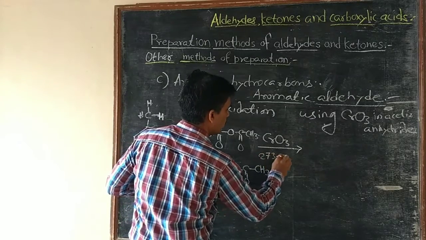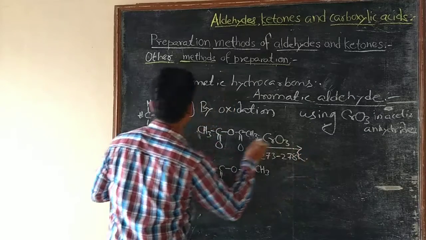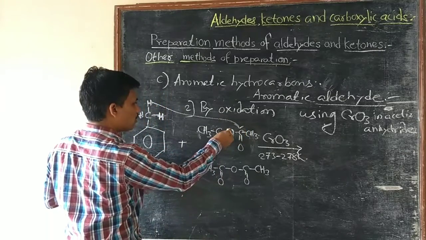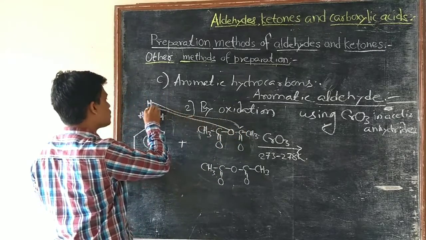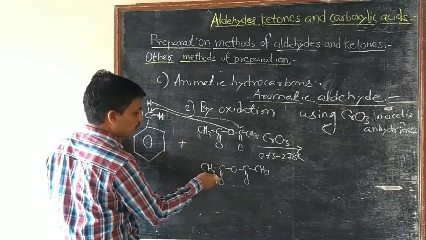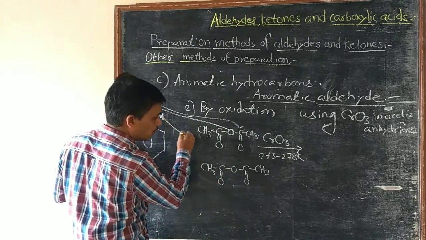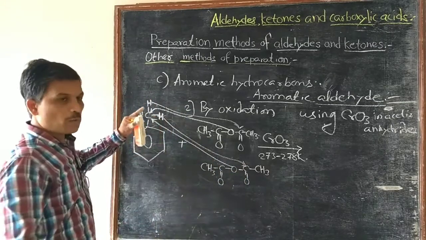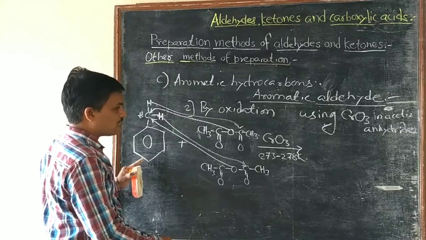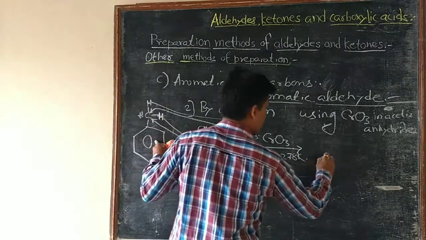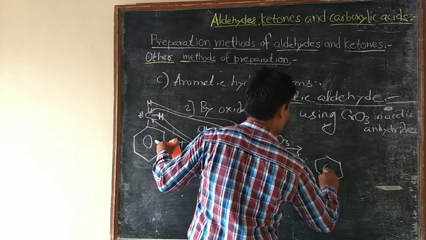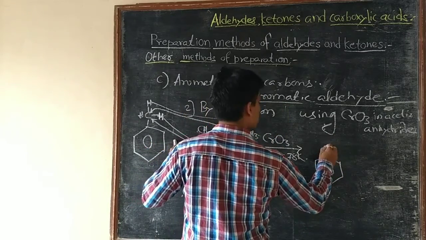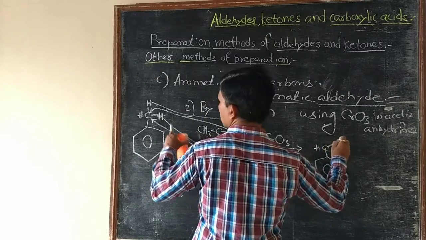At 273 to 278 Kelvin, this hydrogen goes to this carbon atom and this oxygen goes to this carbon. Same in the other case, this hydrogen goes to this carbon atom and this oxygen goes to this methyl carbon attached to benzene ring, then form CH.